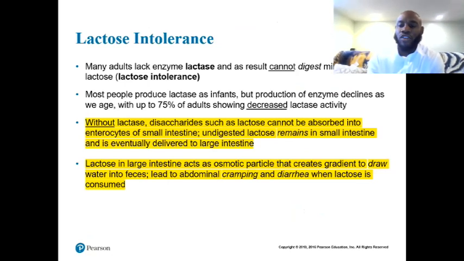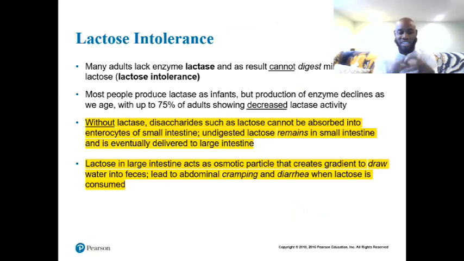The term lactose intolerant simply means adults that lack the enzyme lactase and as a result cannot digest milk sugar, which is known as lactose. So basically, what does that mean? You can't break down the carbohydrate in milk, the milk sugar known as lactose, because you don't have the enzyme lactase.